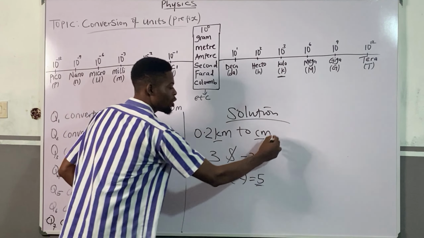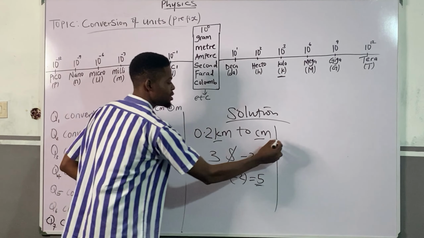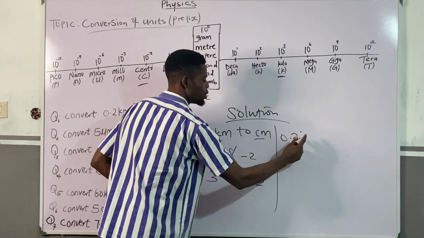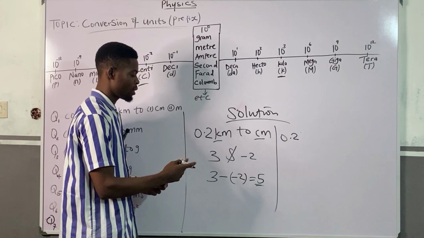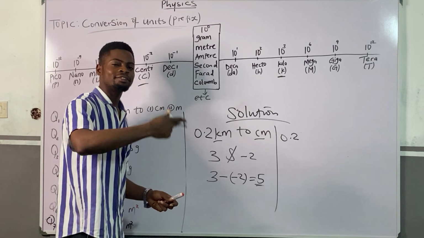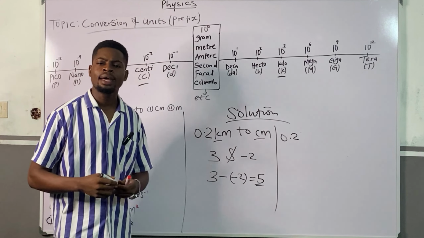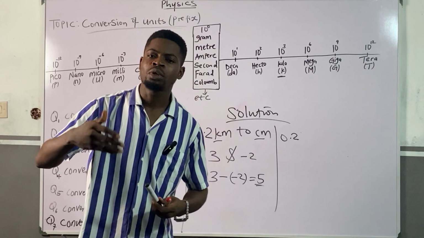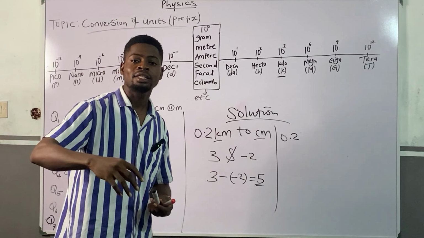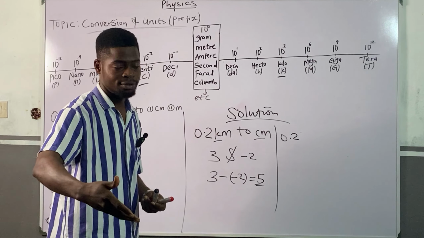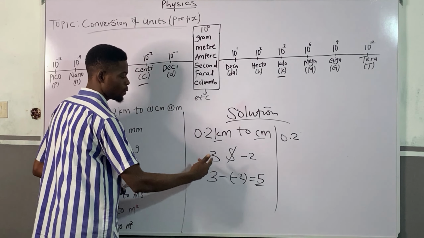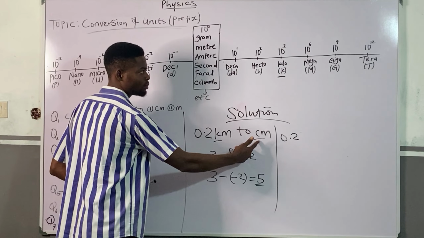Now, you will come back to your value here. We have 0.2 kilometer. Then you're going to move 5 times toward the right. Why are you moving 5 times toward the right? Because you are converting from a greater prefix. Kilo is greater than centi.